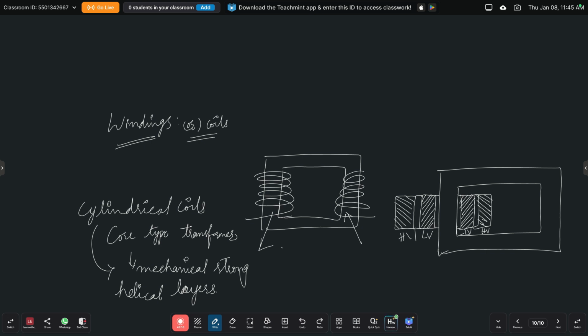On the primary side we connect the cylindrical coil: first LV winding and HV winding, similarly insulation, then LV winding, after that insulation, then HV winding. Based on that the performance of the transformer will improve.